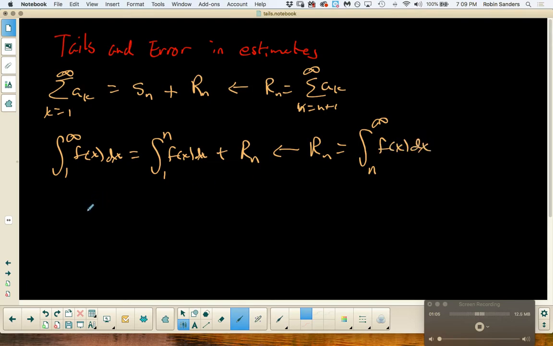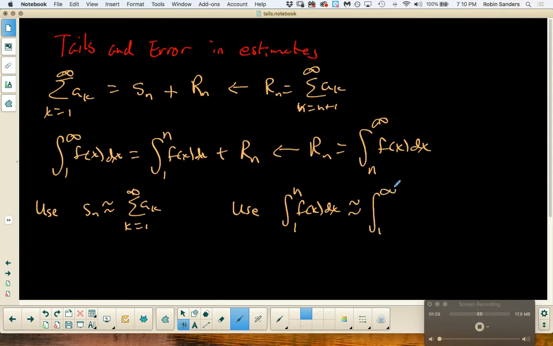Now, what we want to look at in this video is what if we use S_n to approximate the whole infinite series, or what if we use the definite integral between 1 and n of f of x dx to approximate the whole improper integral.